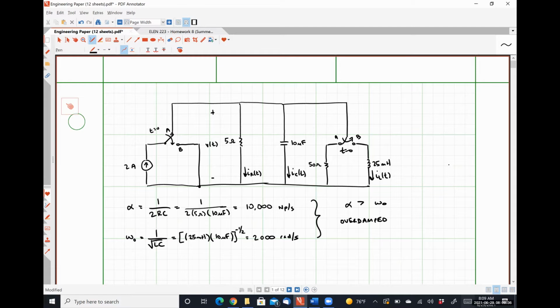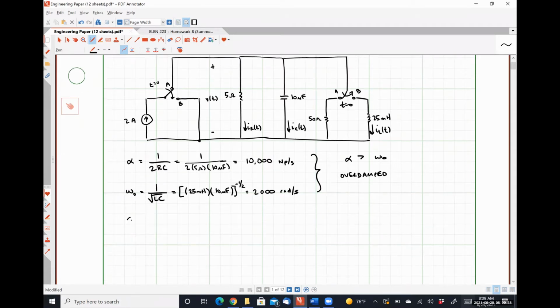Since it's an overdamped circuit, I'm going to go ahead and solve for s1 and s2. So s1 will always be negative alpha plus the square root of alpha squared minus omega naught squared. So that's going to be negative 10,000 plus the square root of 10,000 squared minus 2,000 squared.